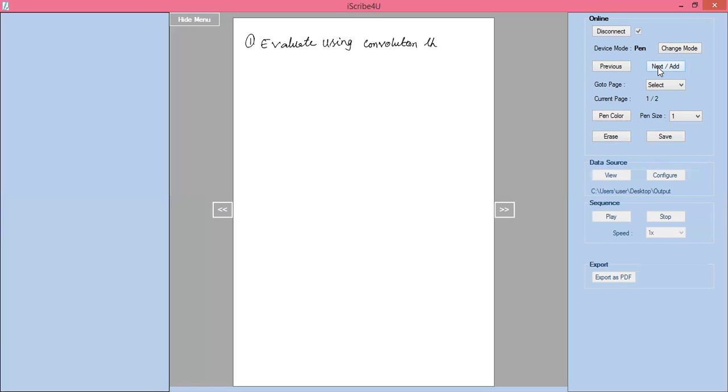L inverse of 1 divided by s into s square plus a square. This is the first question. How do we simplify this?